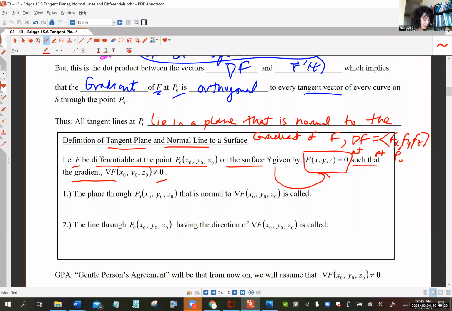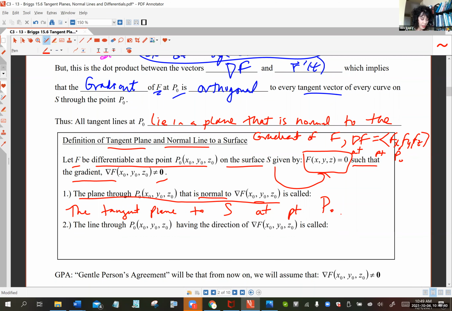Then the plane through the point P naught that's normal to del F is called the tangent plane to S, that's the surface, at the point P naught.